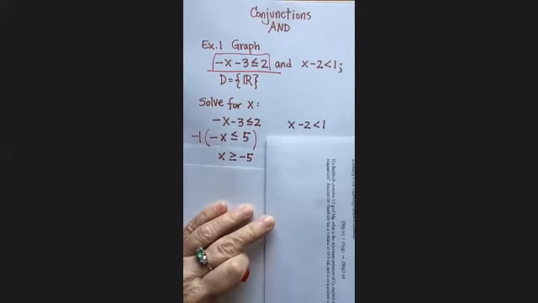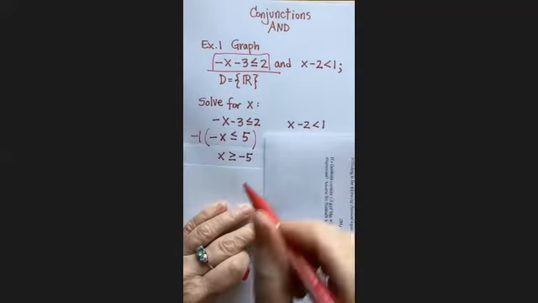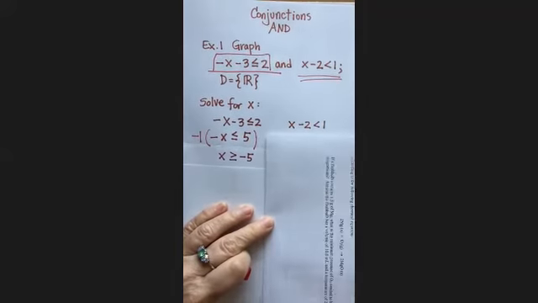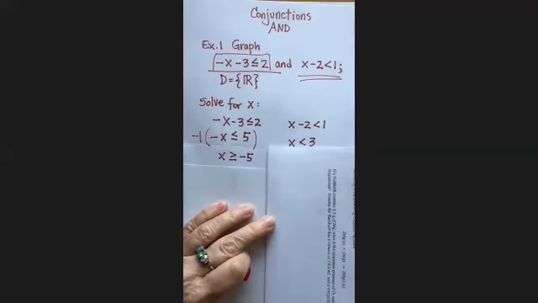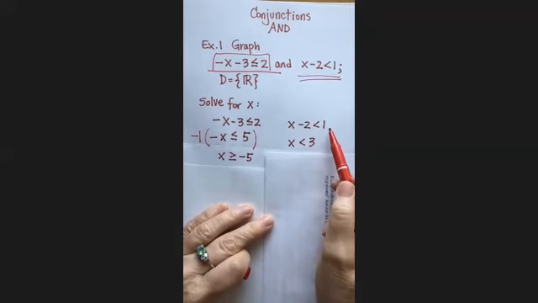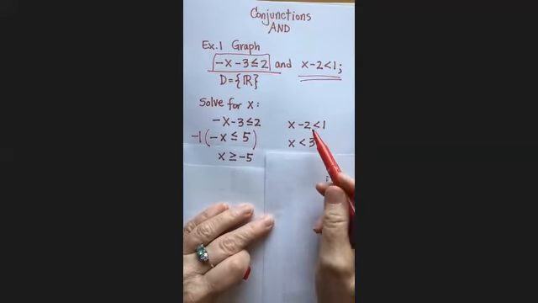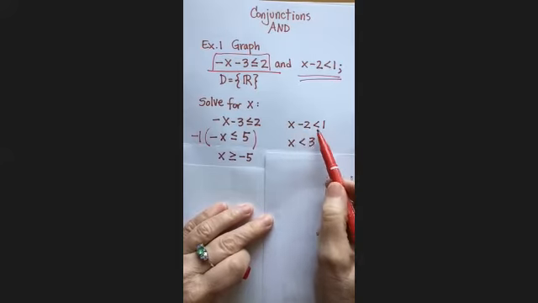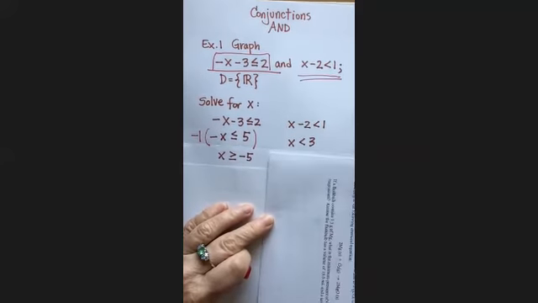When we do the next one, x minus 2 less than 1, I can add 2 to both sides without changing the direction of the inequality. So I've got x, I added 2 to both sides, x is less than 3.